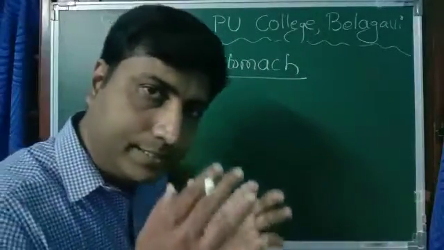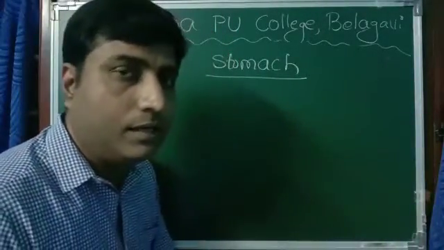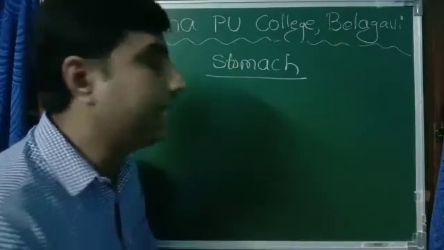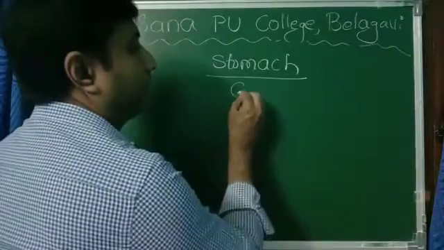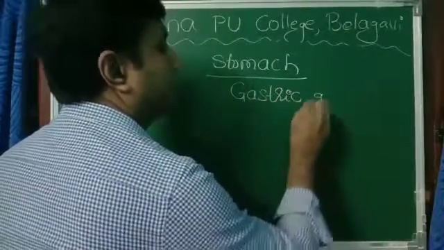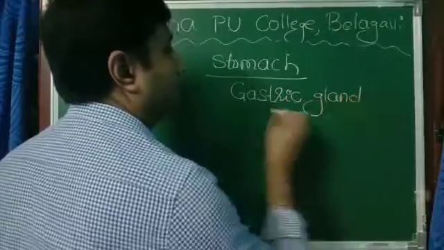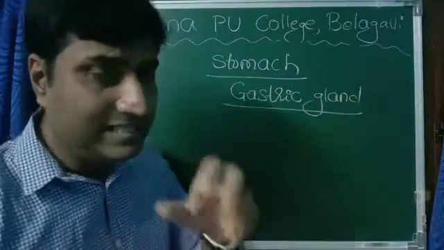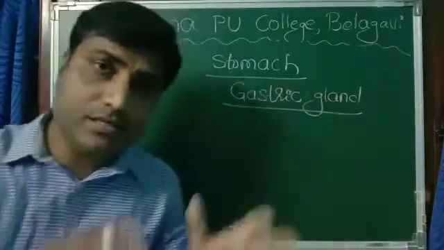When food gets into our stomach, a special gland is present in the stomach called gastric gland. And this gastric gland releases a juice called gastric juice.